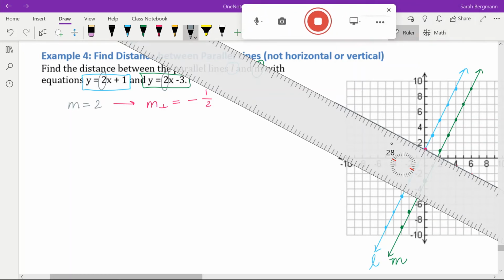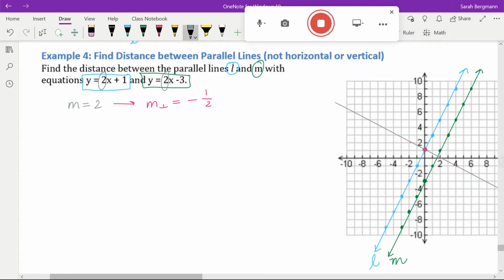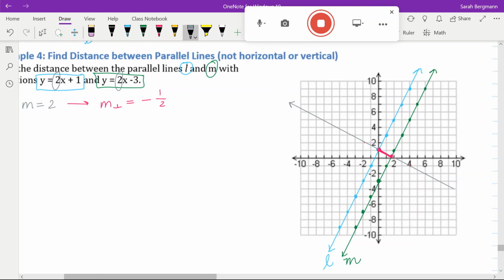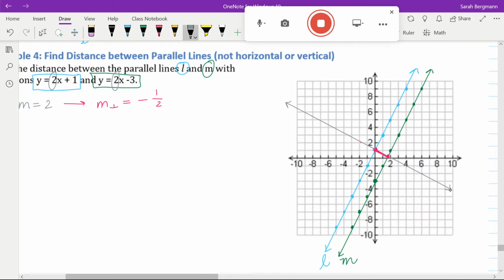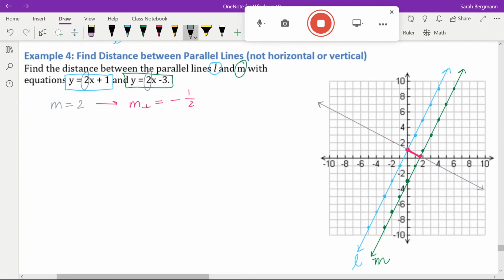Unfortunately, on this example, the perpendicular did not intersect exactly at a point on the green line. This point here is where it's intersecting. So I need to figure out what that point is. In order to figure out that point, first I need to figure out the equation of this gray line, the perpendicular line.